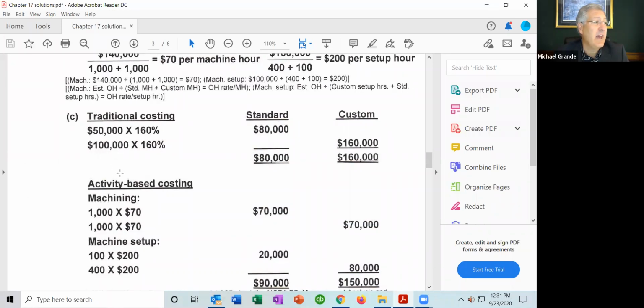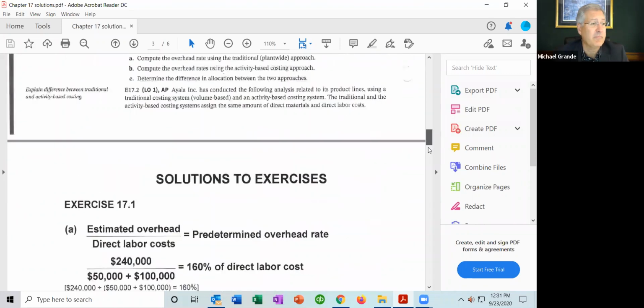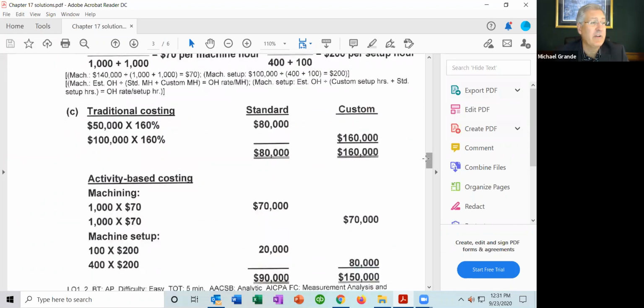Let's look at the custom. The custom has how much direct labor cost? Again, from the problem, $100,000 in direct labor cost. The predetermined overhead rate is 160% of direct labor cost. 100,000 times 160%, $160,000.